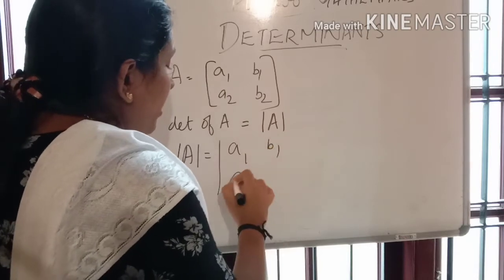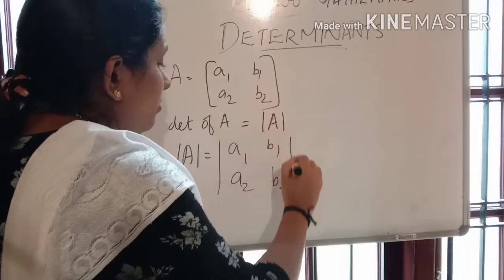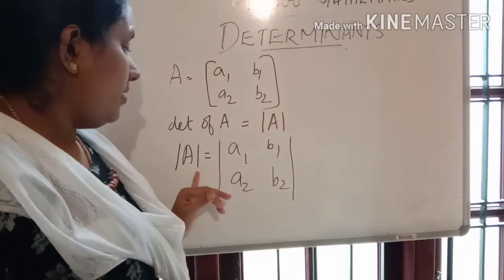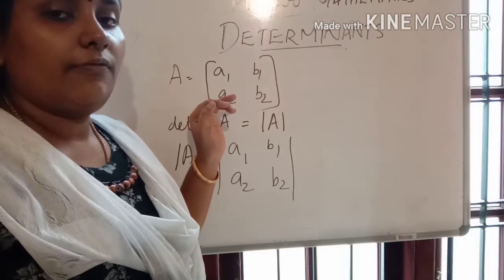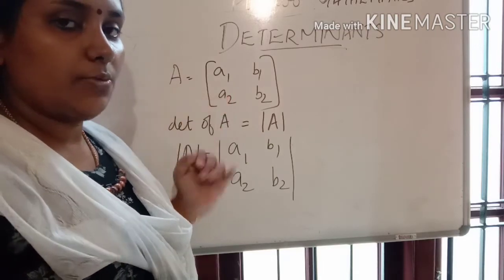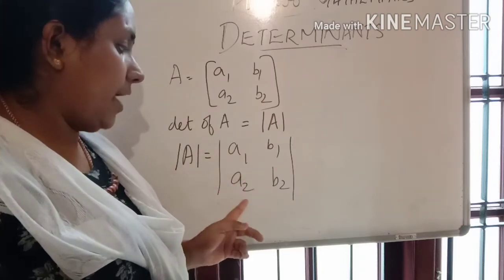We can find the unique solution for this matrix by using the determinant. Here the determinant equals a1, b1, a2, b2. See, the determinant of A should not be written with matrix brackets. Here, see friends, only one parallel line on each side.